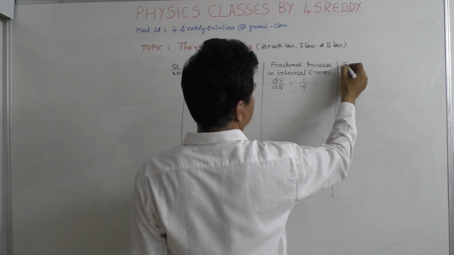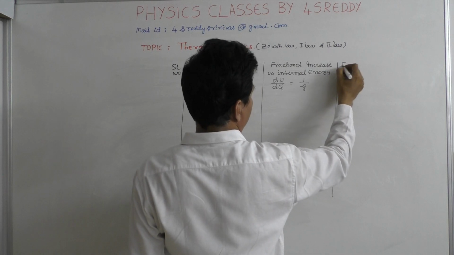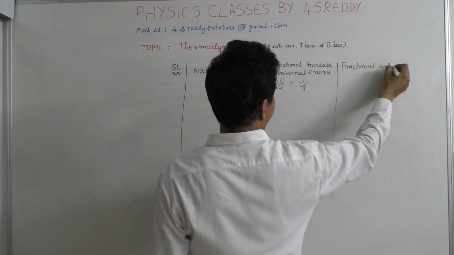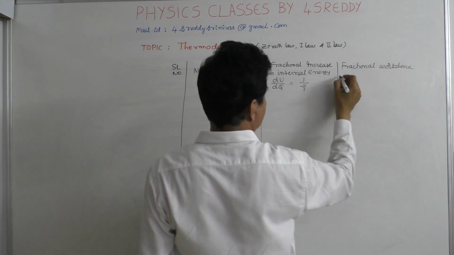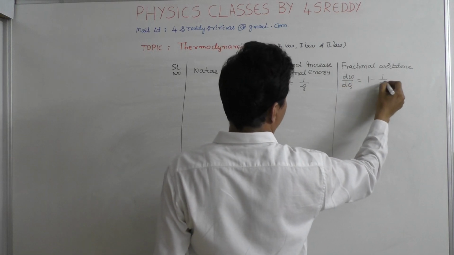Next one is fractional work done, that is dW by dQ, 1 minus 1 by gamma.